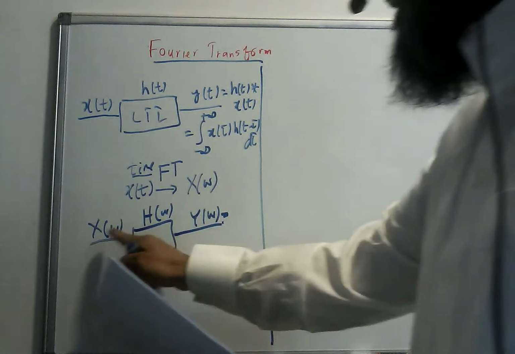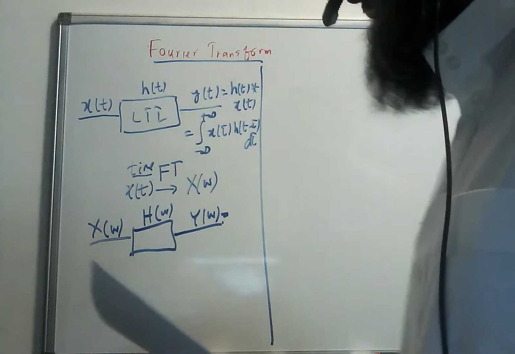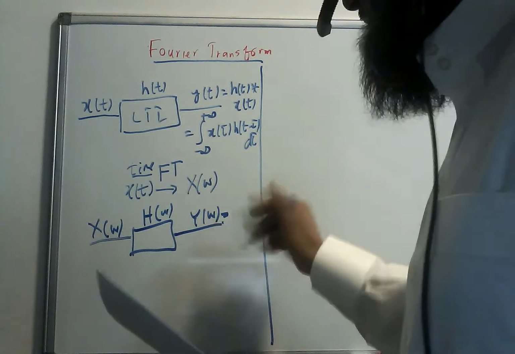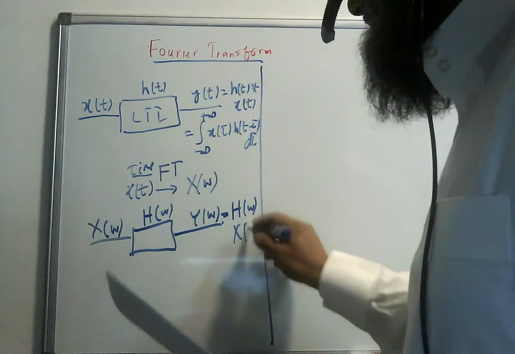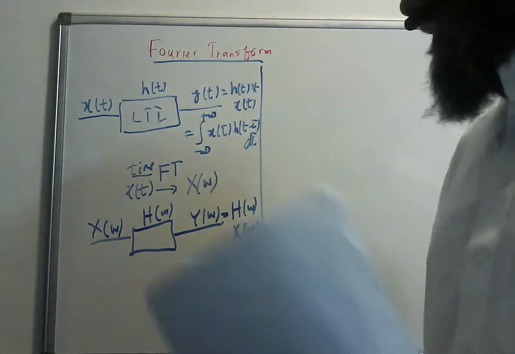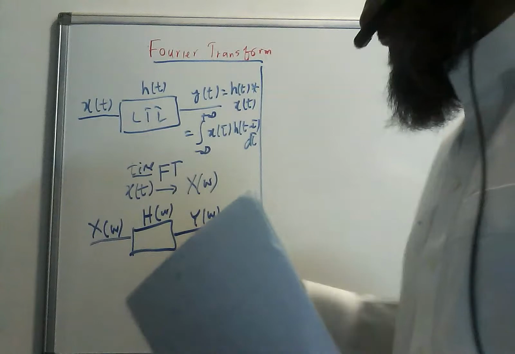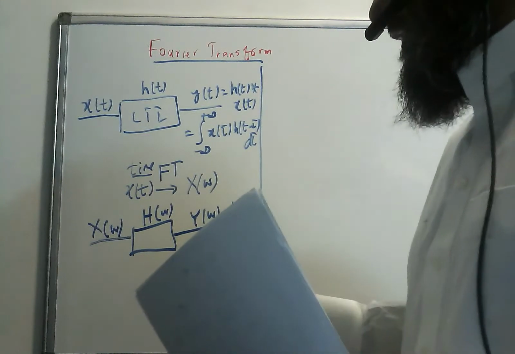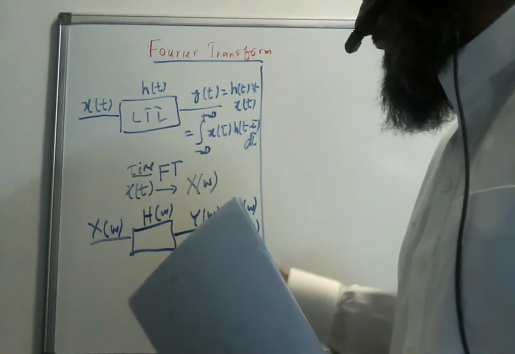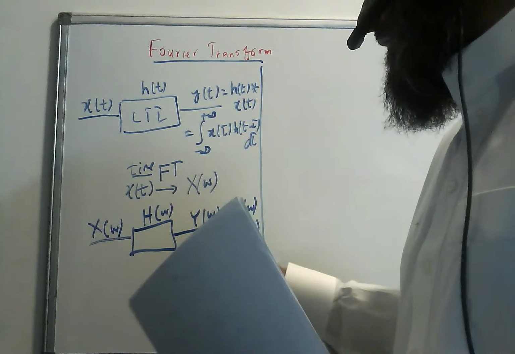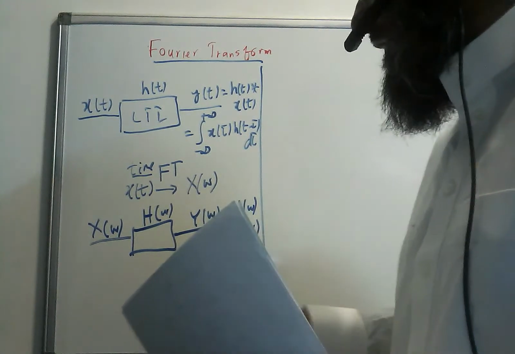So once I have x of omega and h of omega in frequency domain, the output is just the multiplication. So this is another advantage of converting a signal to frequency domain, that to find the output becomes much easier.